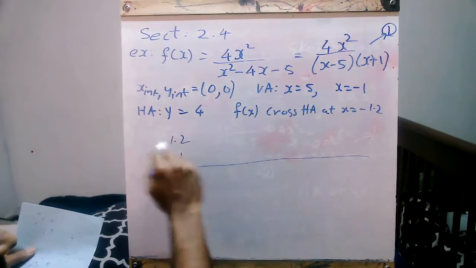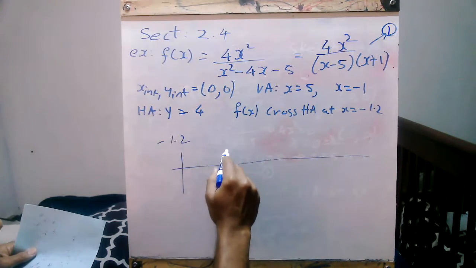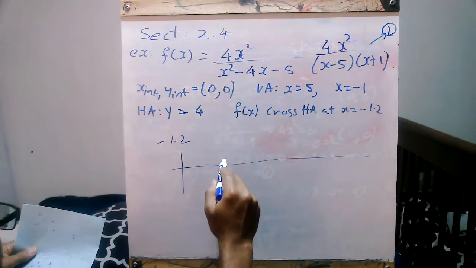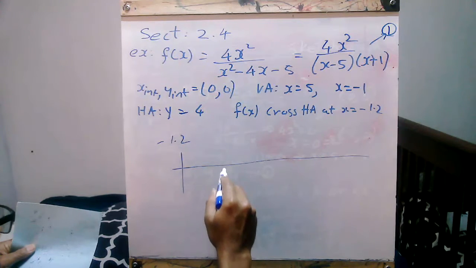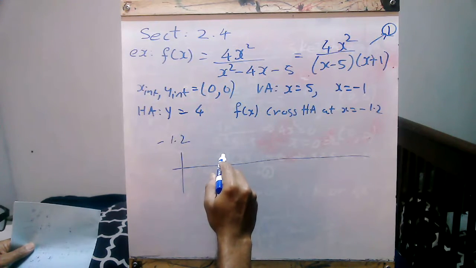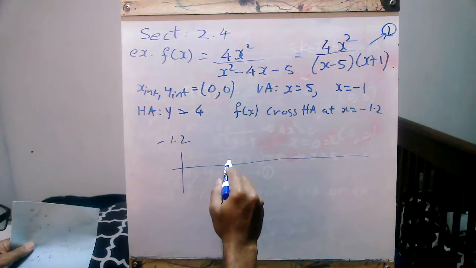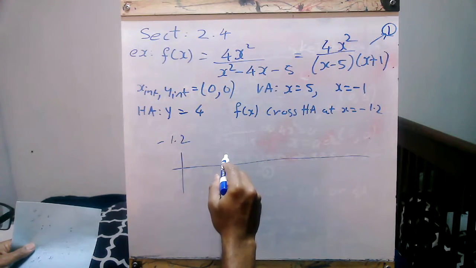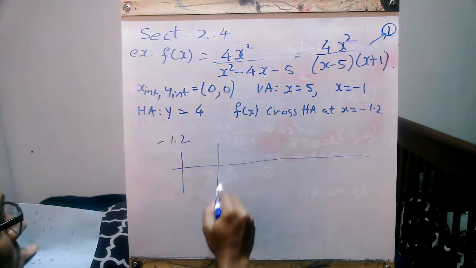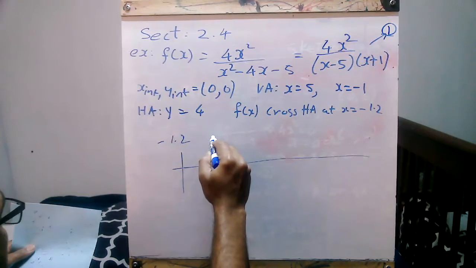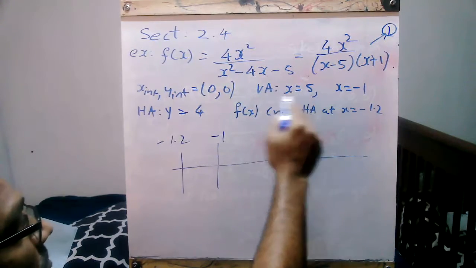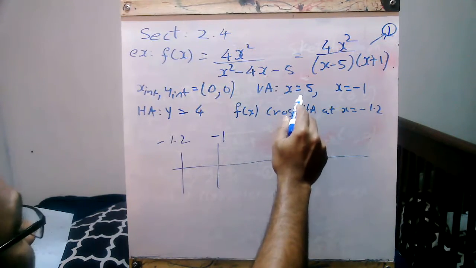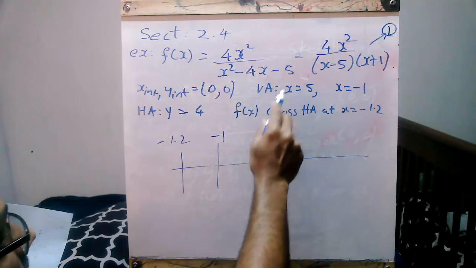What I'm writing here is x values: negative 1, 0, and 5. At negative 1 we have a vertical asymptote, and again at 5 we have a vertical asymptote.